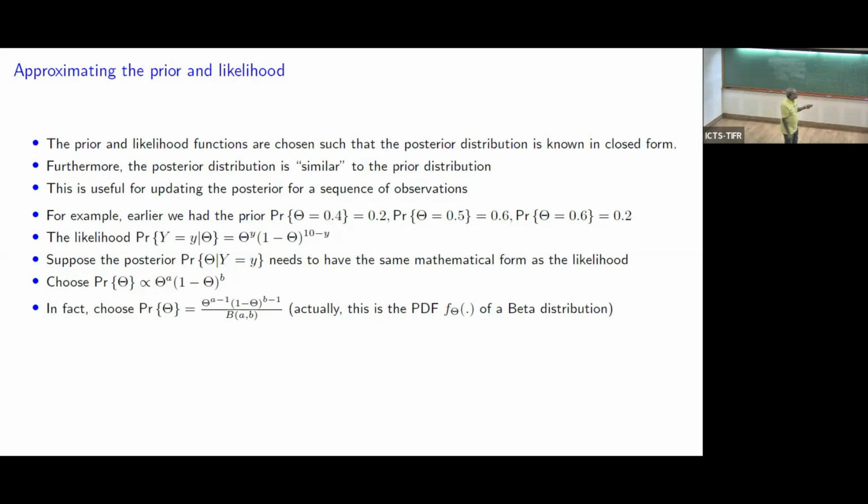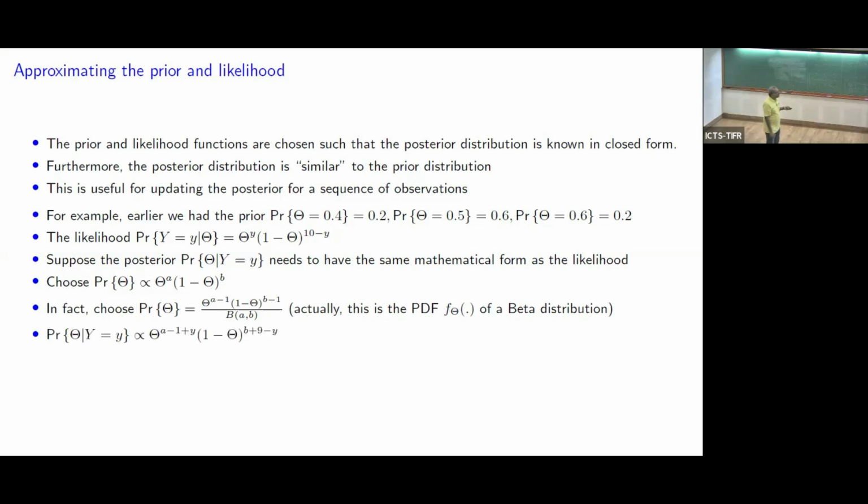So this is a simpler example. Suppose you start with a prior for that coin bias problem, which has this particular form. We actually started out with a discrete valued distribution, but suppose you had started out with a distribution like this. This is called a beta distribution. If you had started out with something like that, then it turns out that it's very easy to go from this to the probability of theta given y.